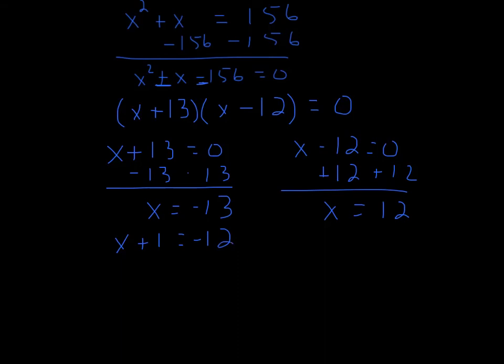And if you multiply those together, negative 13 times negative 12, you get positive 156. So that works. Now we do x plus 1 over here, and you get 13. And what's 12 times 13? 156. So both of these can be solutions to this problem, whether they're both negatives or both positives, because when you multiply two negatives together, you get a positive.